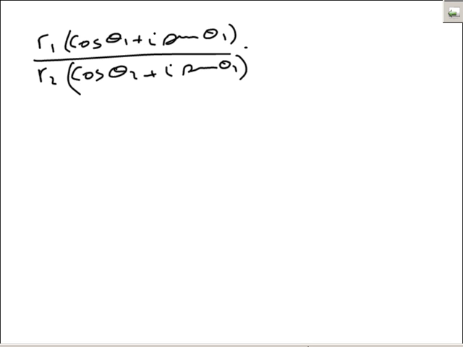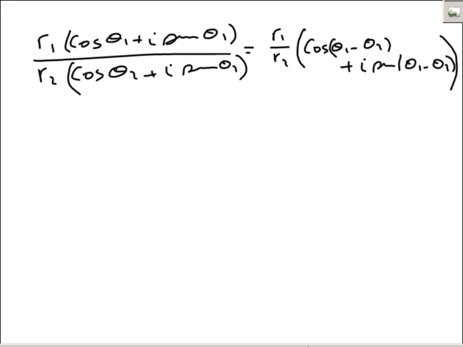It turns out it's going to be R1 over R2 CIS of theta 1 plus theta 2. Actually minus. You get cosine of theta 1 minus theta 2 plus i times sine of theta 1 minus theta 2. That's what happens when you divide.